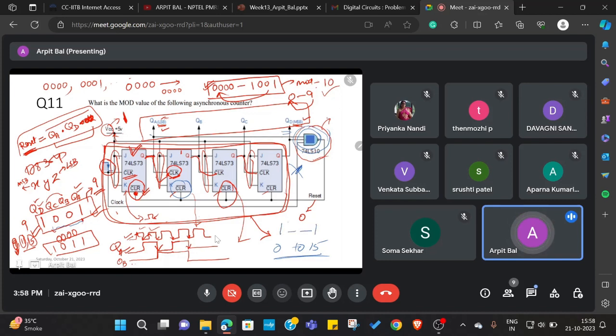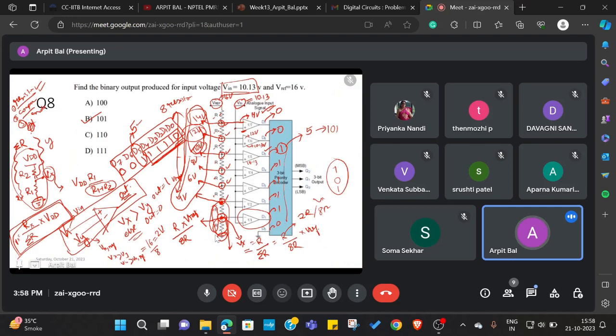Okay, that is going to be 9. So our terminal state is going to be 9, 1001. And once it reaches 9, everything is reset and it goes back to 0. So the total number of states is from 0 to 9. That is 10 states. So the mod of this counter is 10.